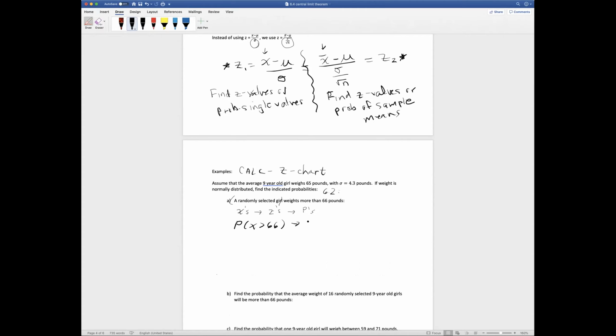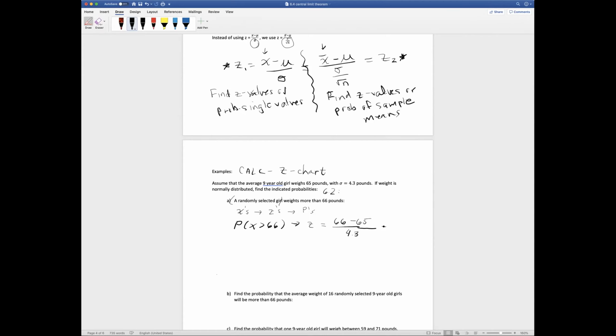So to convert to z's, we're going to use z is equal to x, which is 66, minus mu, we know is 65 because it says here the average 9-year-old girl weighs 65 pounds, divided by sigma. And sigma over here, we know that sigma is equal to 4.3.